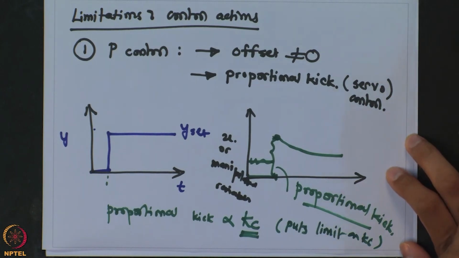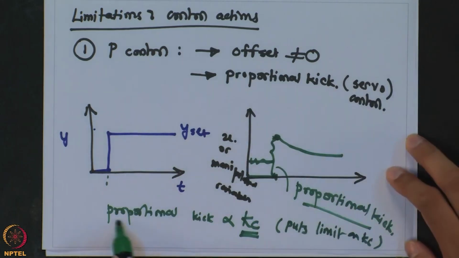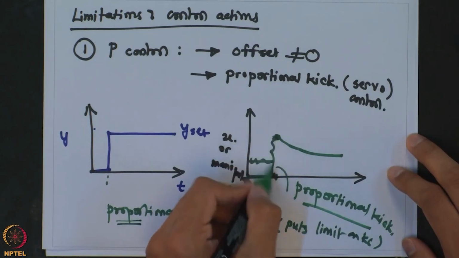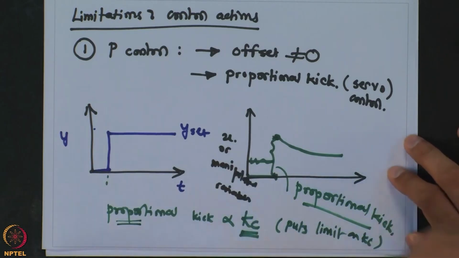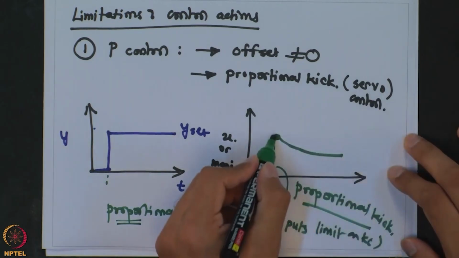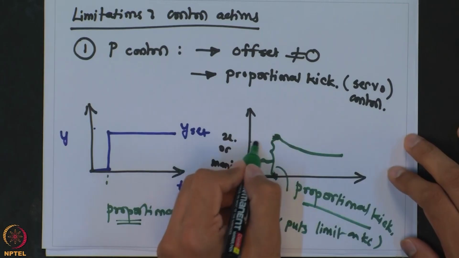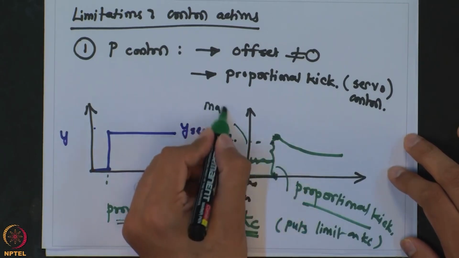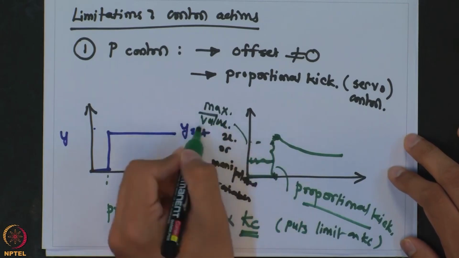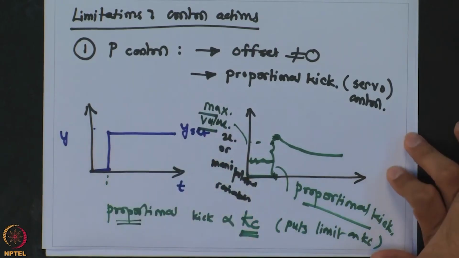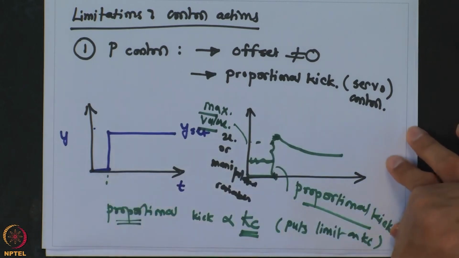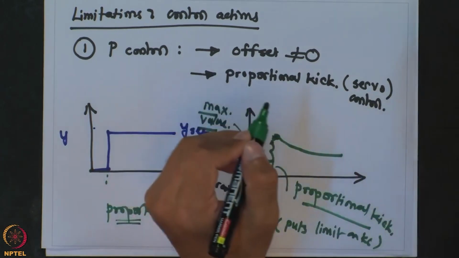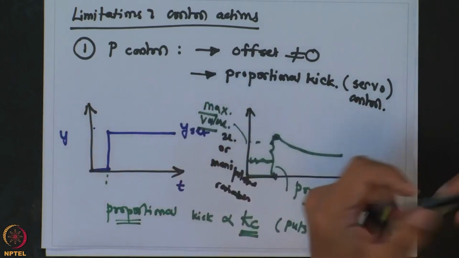So we typically want to go with higher controller gain, but at the same time this proportional kick also increases, which puts a limit on practicability of operation, and that limits how much controller gain we can go with. This higher value which is requested may be more than the maximum value, and in that case that particular value may not be physically realizable. So that is the disadvantage or limitation of P control, that it will always result in proportional kick when we have a set point change.